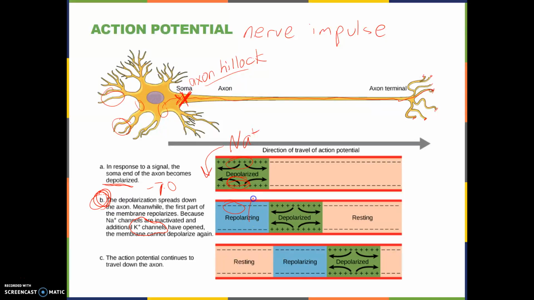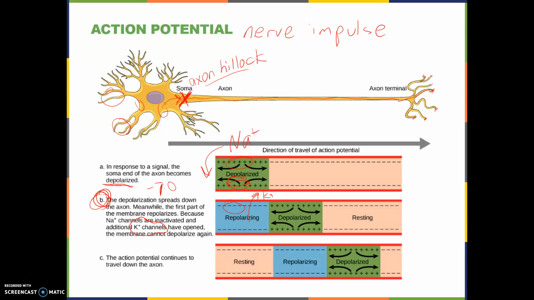Potassium will actually leave. So then instead of having positive charges entering the cell, you have positive charges leaving, making the inside more negative once again.